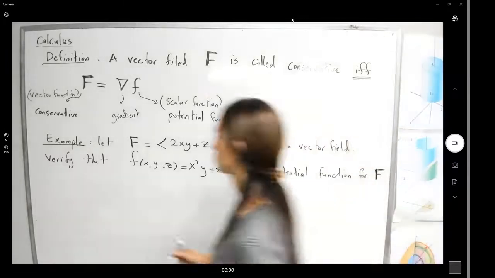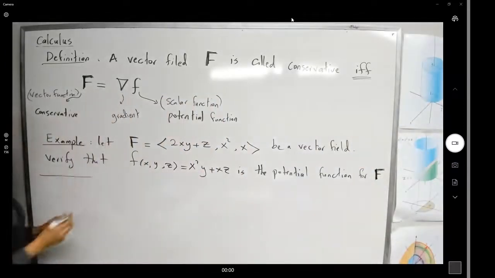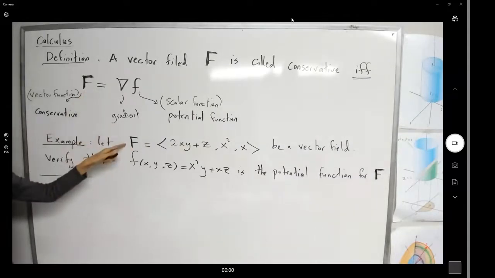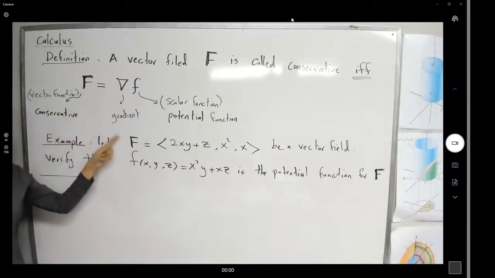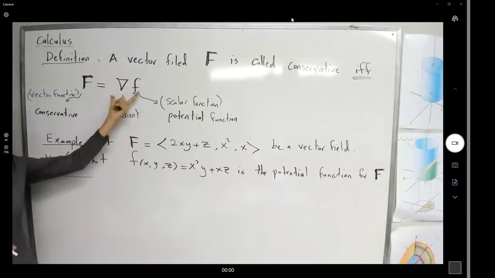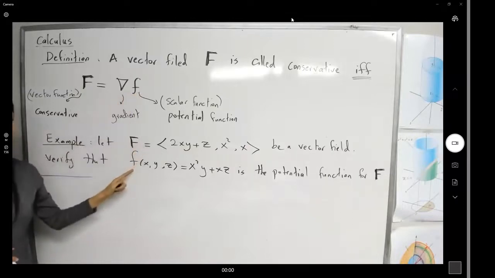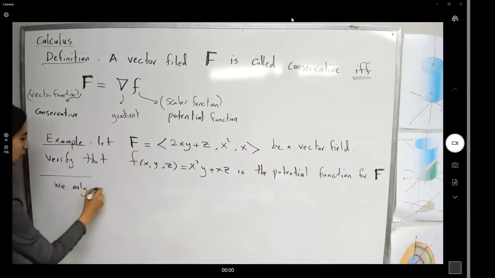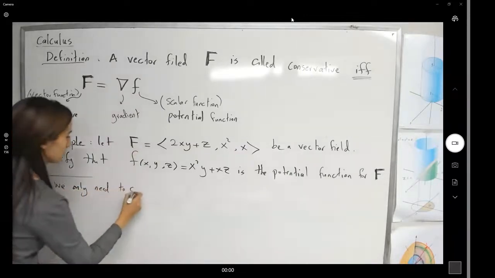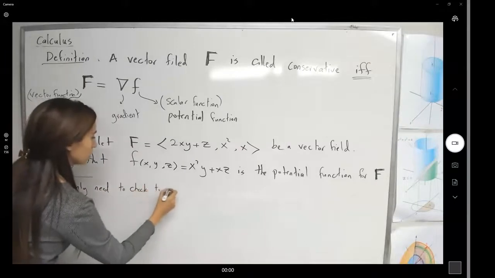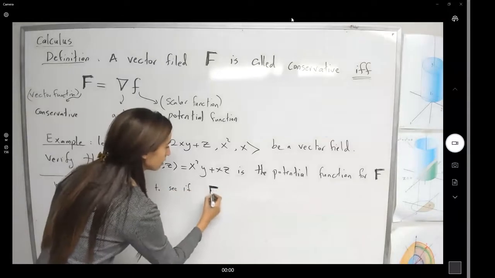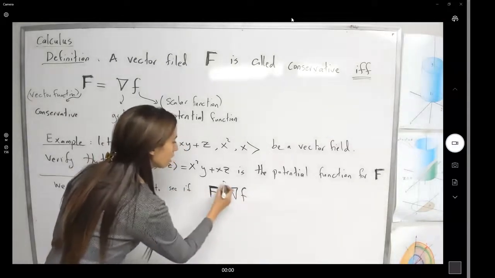Okay, very well. So we have a vector field, which is capital bolded F. We need to check to see if this vector field is equal to the gradient of this function. We only need to check to see if F is equal to the gradient of f.